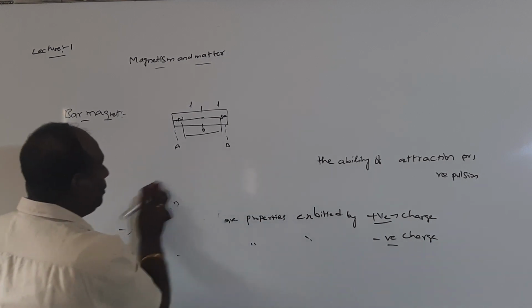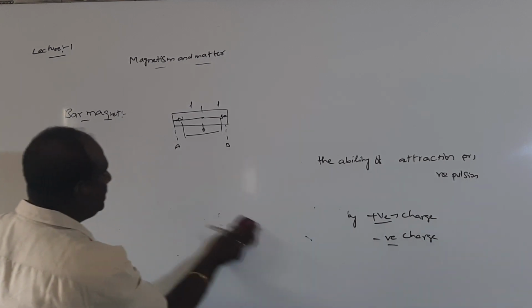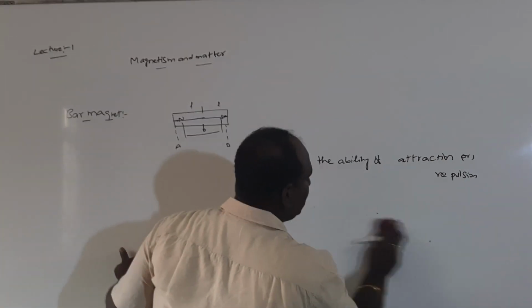I will write what is meant by dipole. Equal and opposite charges separated by a definite distance is known as an electric dipole.